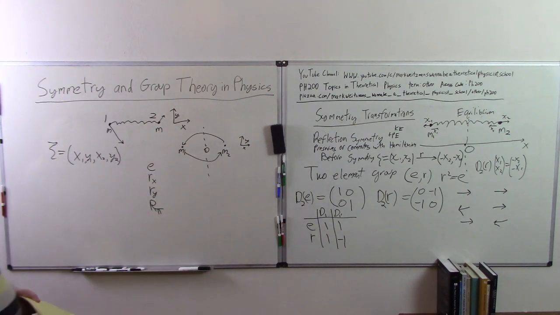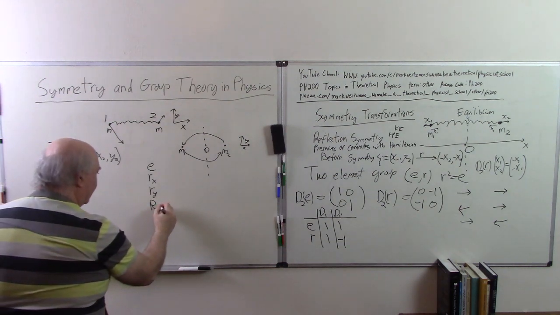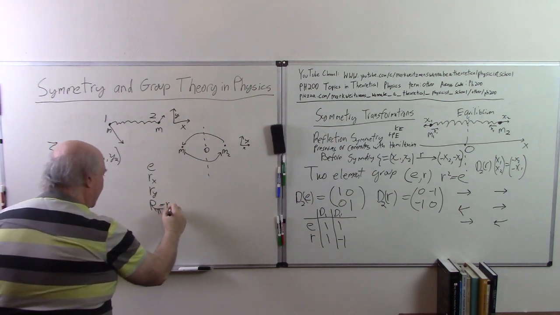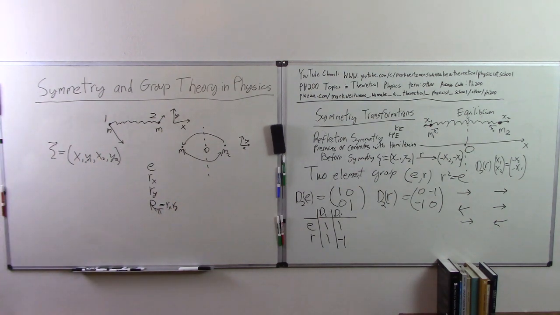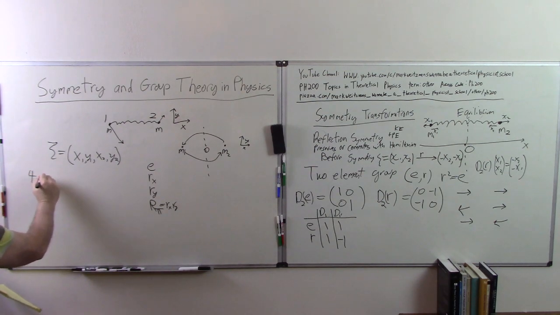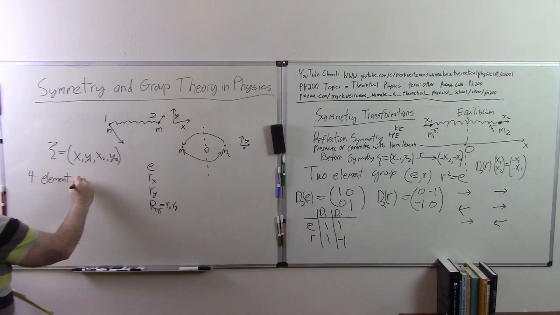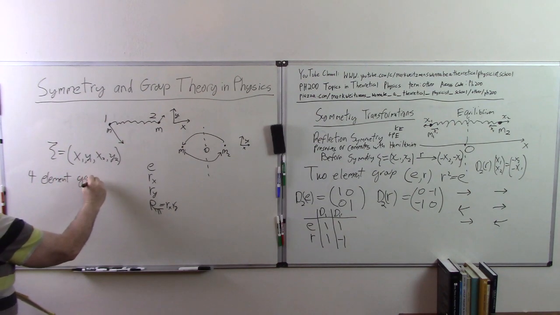And the rotation symmetry, it turns out, in 2 dimensions, is the same thing as the product of Rx, Ry. But what we have is a 4-element group. It's a little bit more complicated than our 2-element group, but we still have a group of symmetries.